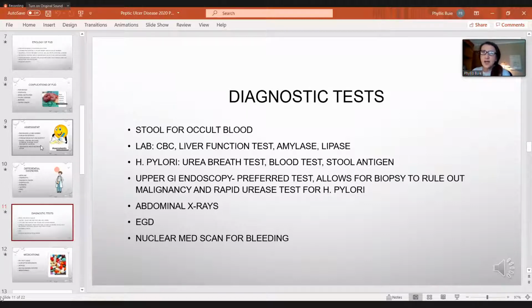An upper GI barium swallow is another one that can be done. We don't do that often anymore, and you can't do it if you suspect a perforation, because where's that barium going to go? If you've got a perforation, it's going to leak out into the abdomen, right?